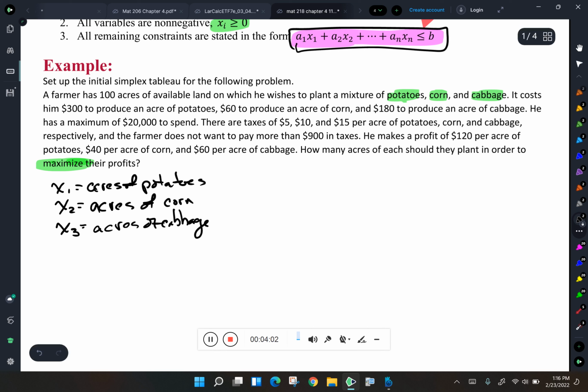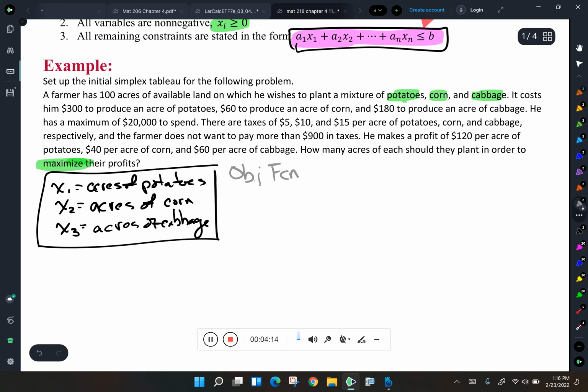Okay. And now that I've got my variables defined, I'm going to take a look at doing those other two things that I need to do simplex. I need to figure out what my objective function is, and I need to figure out what my constraints are. Well, my objective function here is to maximize profits, so I'm going to write that as a profit equation.